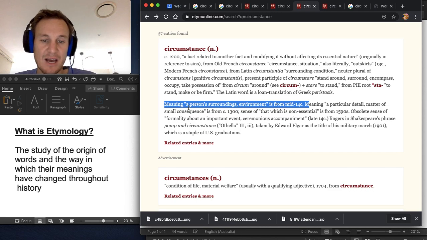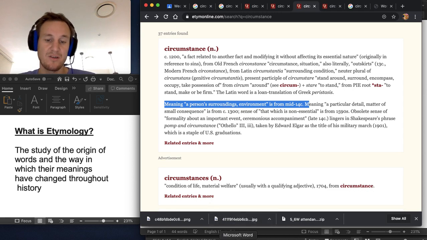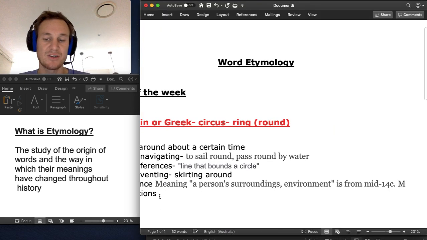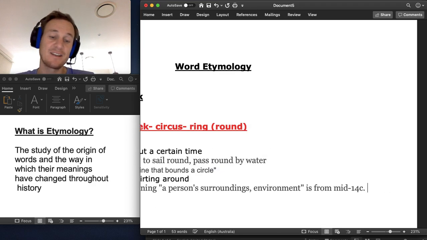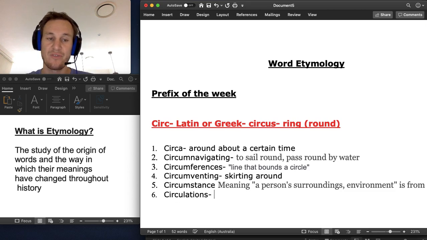But if we can see a person's surroundings, what are your circumstances right now? Well, the environment surrounding me right now is this. So once again, even if it does seem tricky sometimes, they do actually all have some reason why. Like I said, the English language is not a mistake. Even though it's crazy sometimes, they all have a reason why.